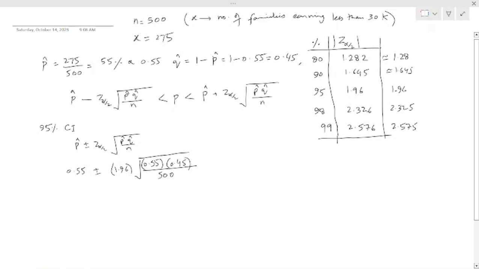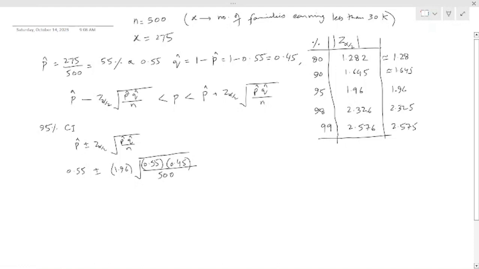Now we first compute the margin of error in estimation, that is the factor that we add and subtract to get the lower and upper bounds for this CI. Inside the square root, 0.55 times 0.45 divided by 500 gives us 0.022.